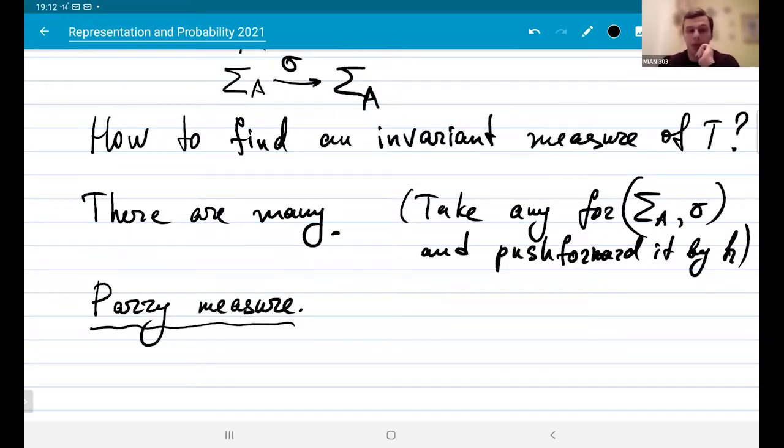So before the discussion of the Parry measure, let me say a few words about measures. What do we need? We need an invariant measure on a topological Markov chain. So sigma A is just the set of all sequences without forbidden two-letter words, so that every transition from omega_k to omega_{k+1} is from the set of our allowed transitions.